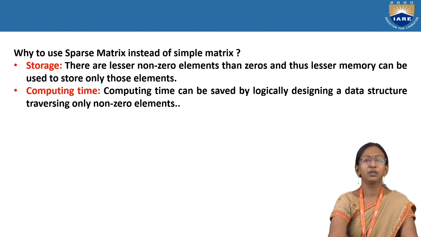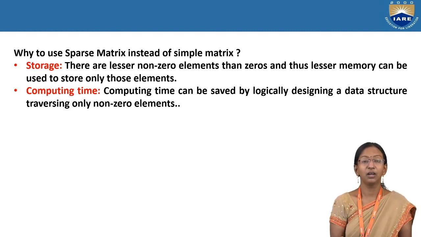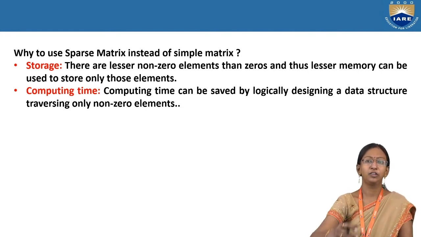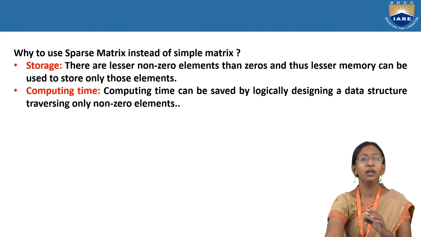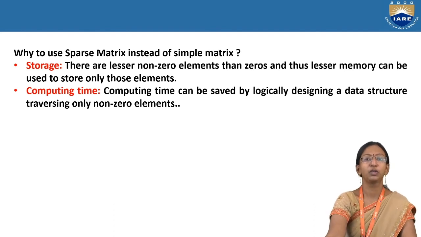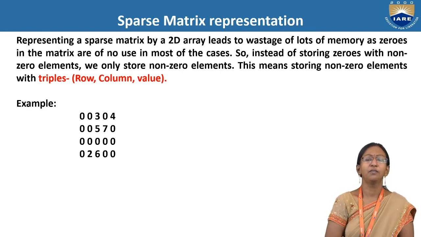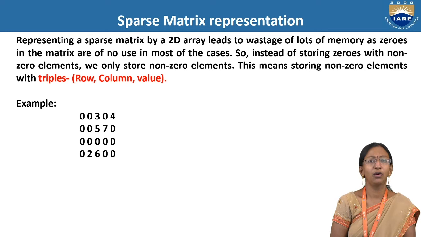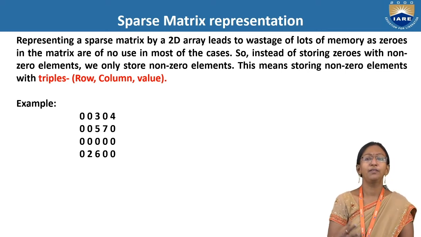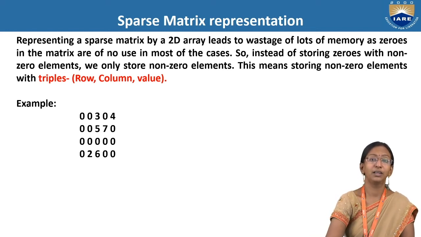So why do we use a sparse matrix instead of a simple matrix? To reduce the storage space, as most of the values are zeros, and computing time gets reduced when we hold only non-zero elements. So for that purpose we use a sparse matrix. Look at the example of how it looks when we use a two-dimensional array to store the data. 00304: in the first row itself, out of 5 locations, 3 are zeros.